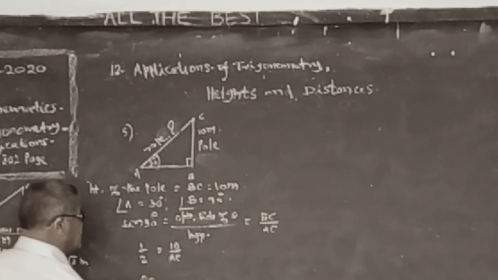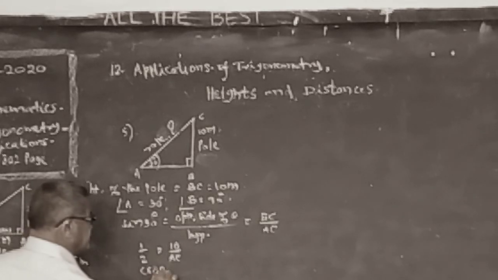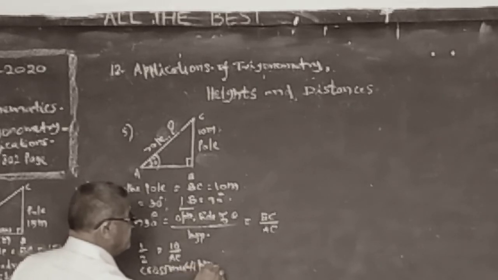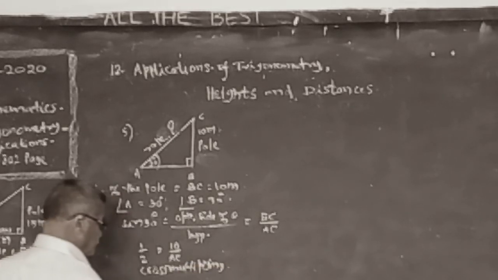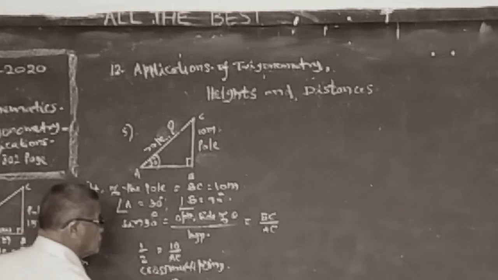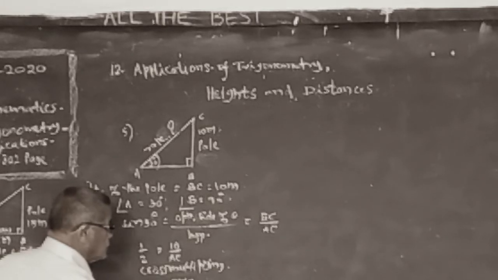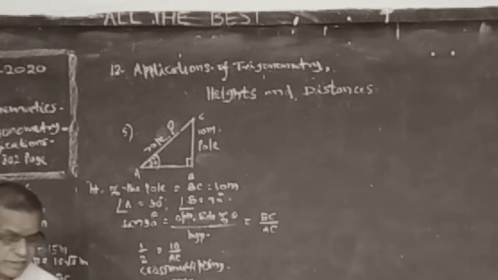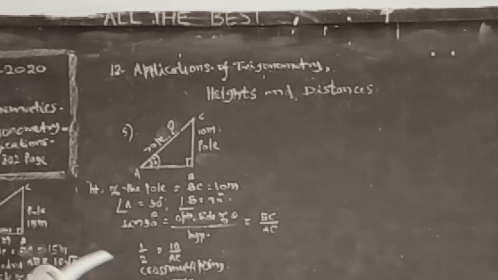Then AC is equal to, cross multiplying, 2 into 10. AC is equal to 20 meters. So the length of one rope is 20 meters, and the length of three ropes is 60 meters.